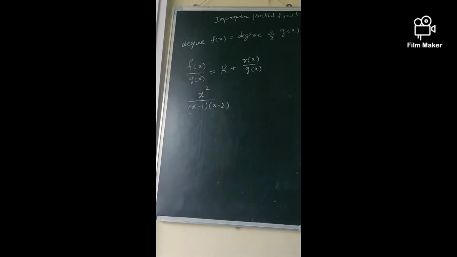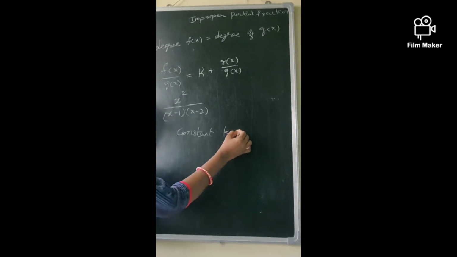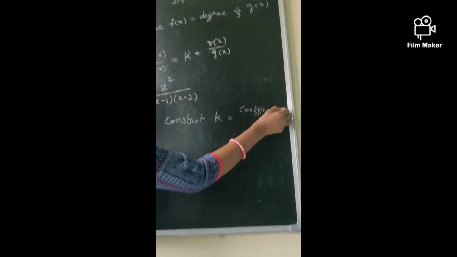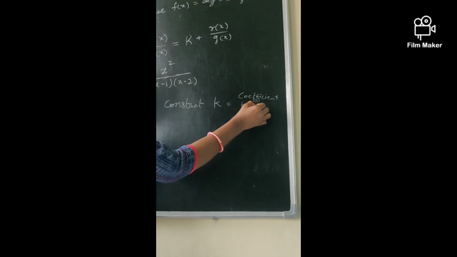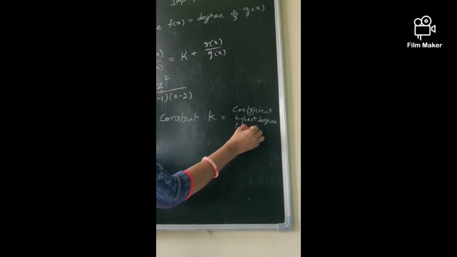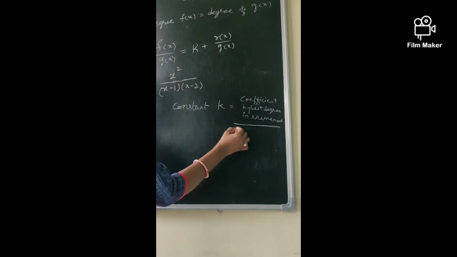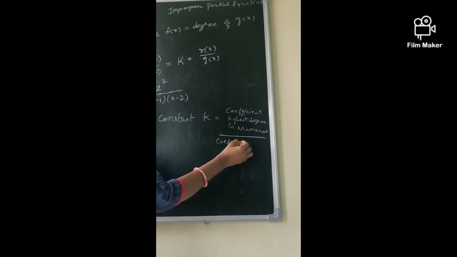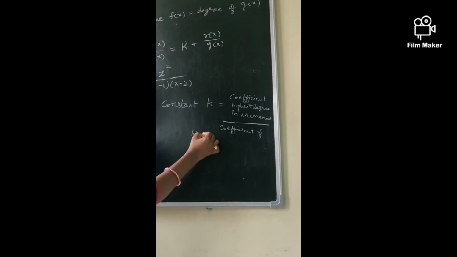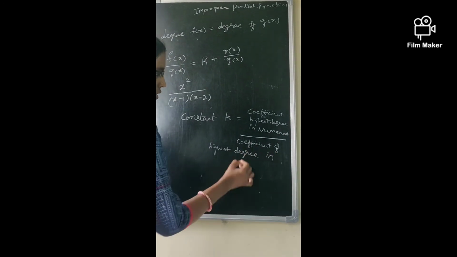So we take a constant k, which can be written as the coefficient of the highest degree in the numerator by the coefficient of the highest degree in the denominator.